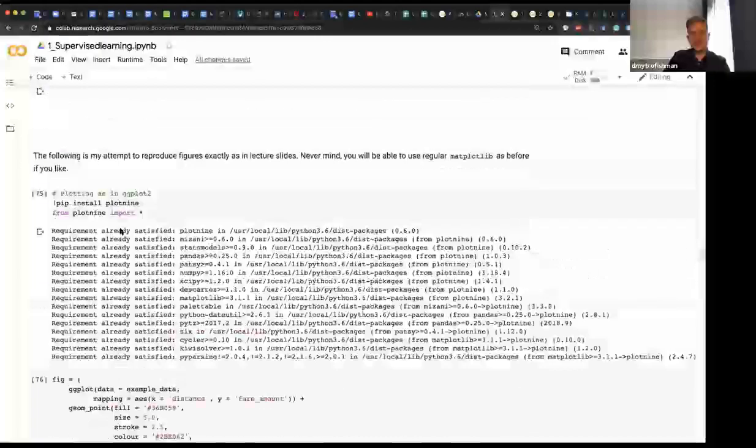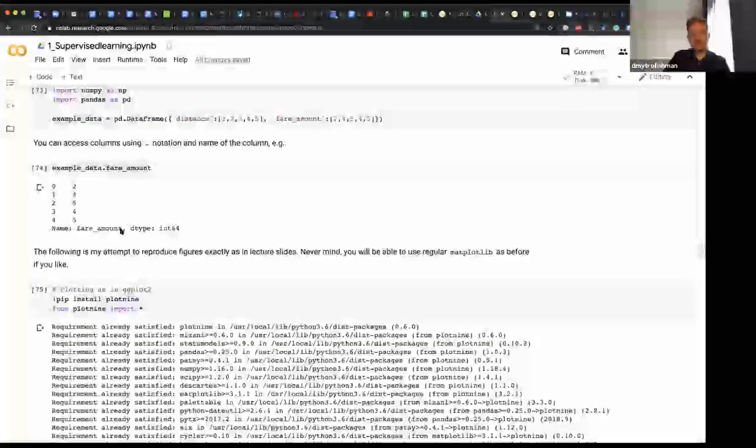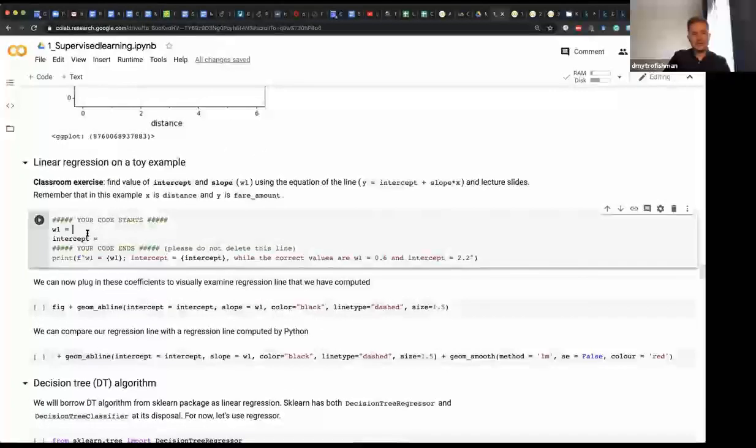Example data has two columns, distance and fair amount. What you need to do is use these two columns to produce W1 and intercept, exactly what we have done right now in the lecture. I'll give you some time for that. Please do.